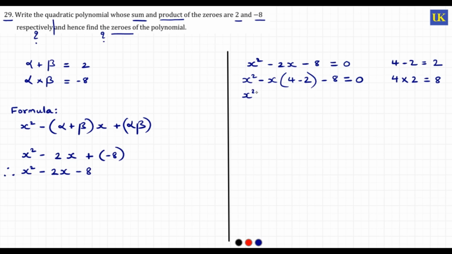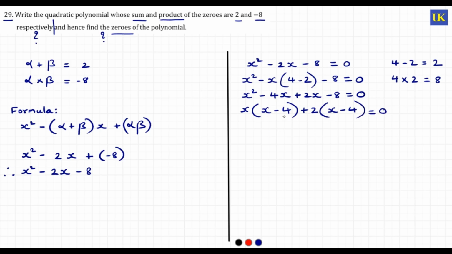So x square minus x into 4 is 4x, minus x into 2 is plus 2x, minus 8 is equal to 0. We can take x as common, and we can write x minus 4. Here we can take 2 common, and we can write x minus 4 is equal to 0.